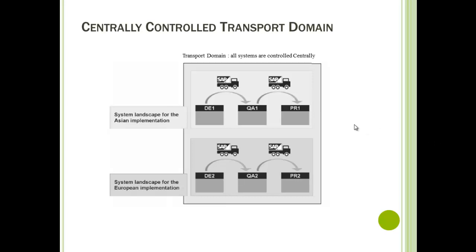Moreover, you will also have systems for different purposes, for example SAP Business Suite, ECC or BI, which have a different landscape that can also be controlled using the transport domain.